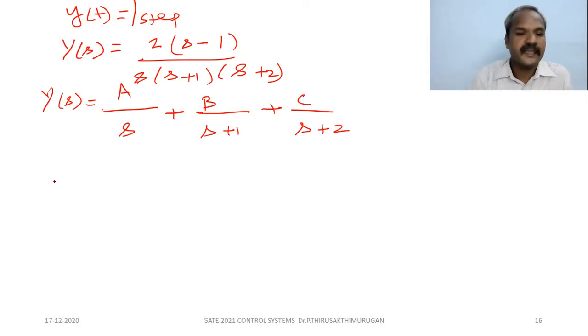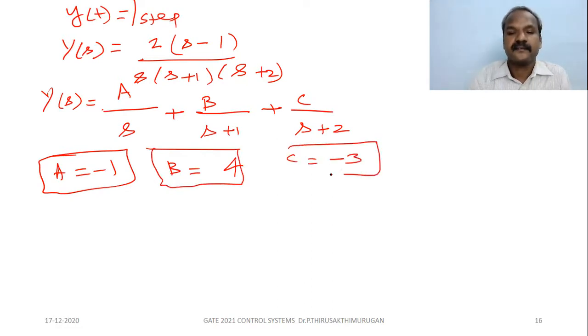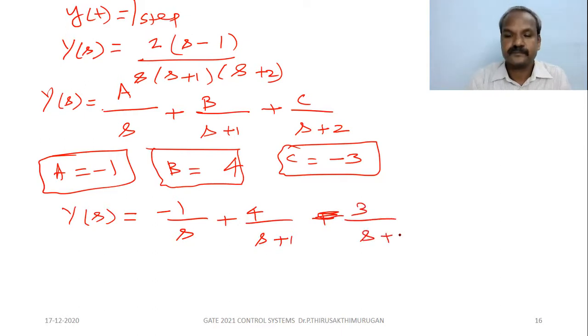You will get A equal to minus 1, B equal to 4, C equal to minus 3. Try to solve yourself. So Y(s) equals minus 1 by s plus 4 by (s plus 1) minus 3 by (s plus 2). Then apply the Laplace inverse transform.